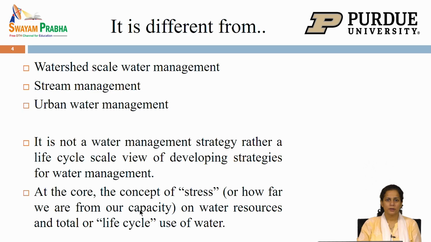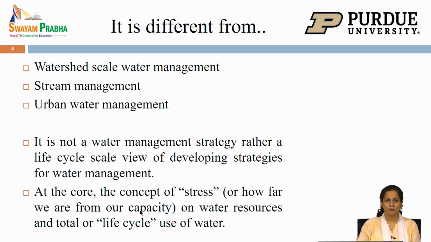One thing I would like to clarify is that water footprint is different from watershed scale water management, stream management and urban water management. In most cases, you will hear people talking about how to manage the stream or how to manage the water resources that are available.